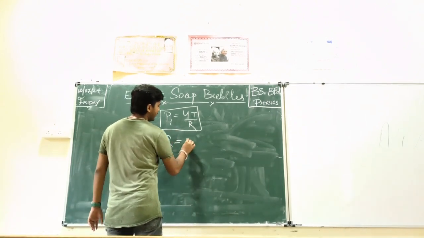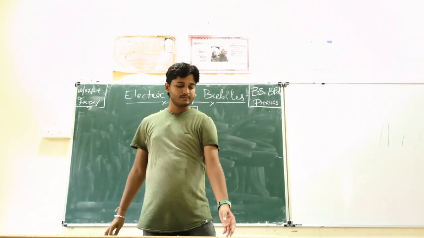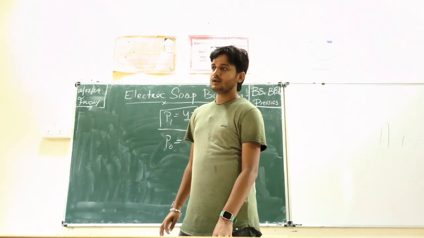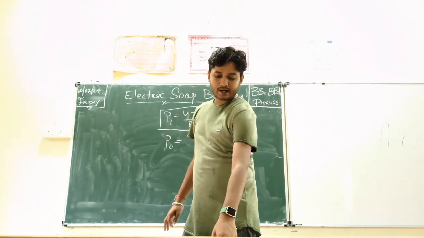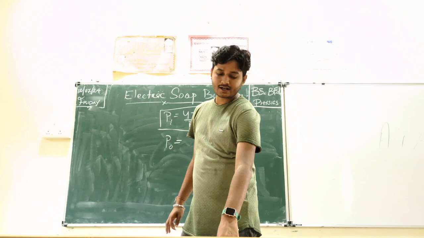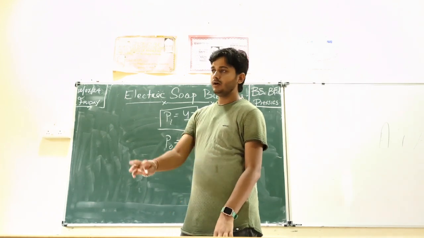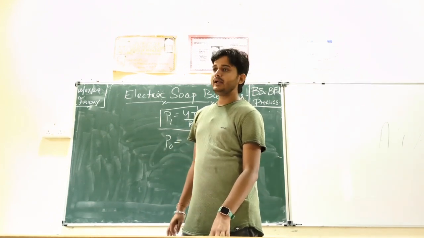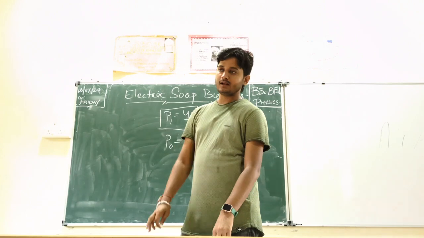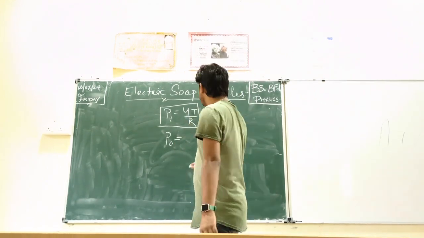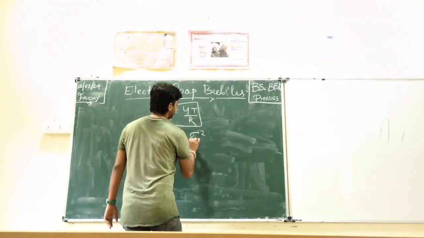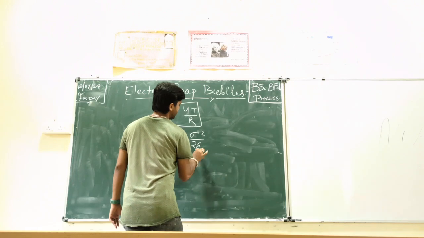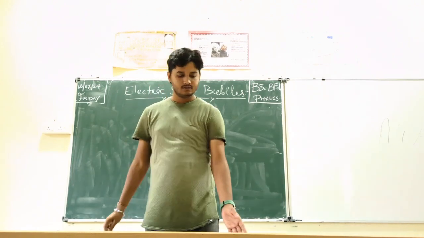So what is the expression for outward pressure? You got the mechanical force exerted by unit area of a charged conductor, P equal to sigma square by 2 epsilon. Sigma square by 2 epsilon, this much.